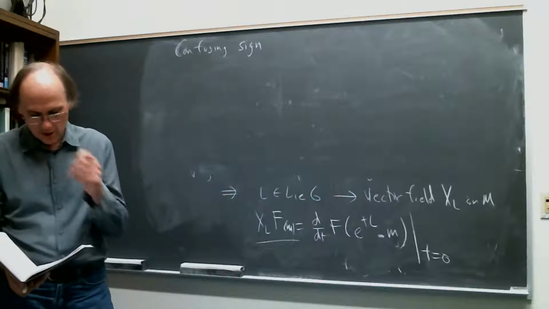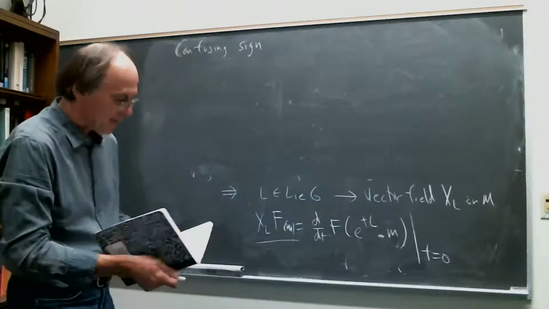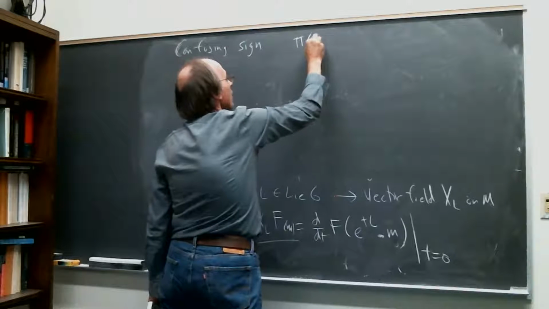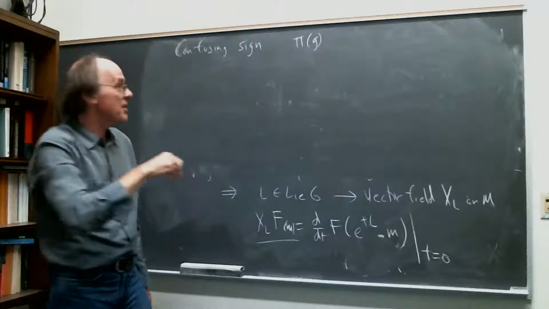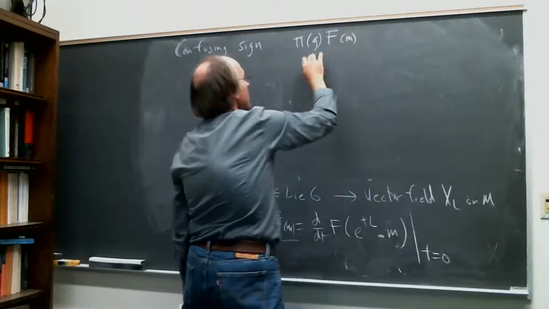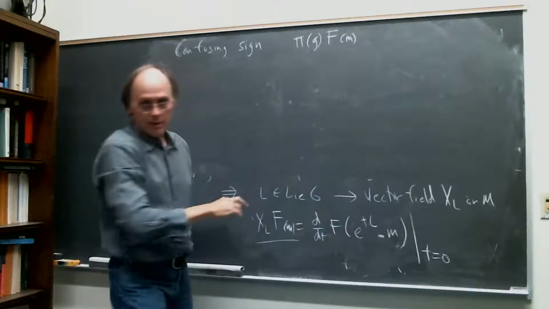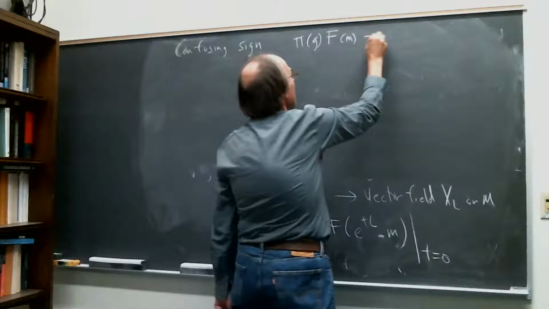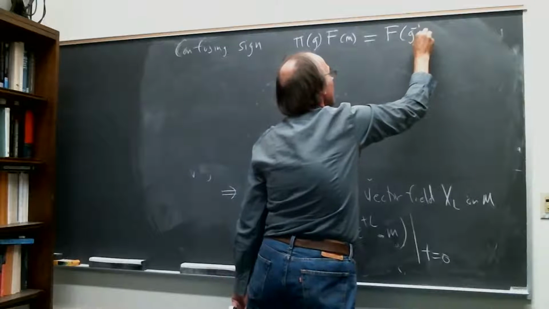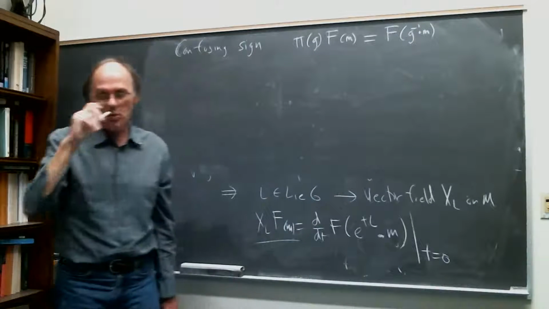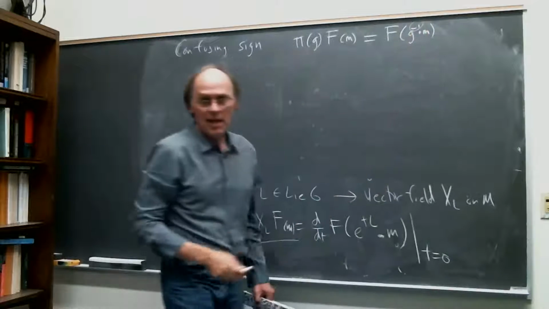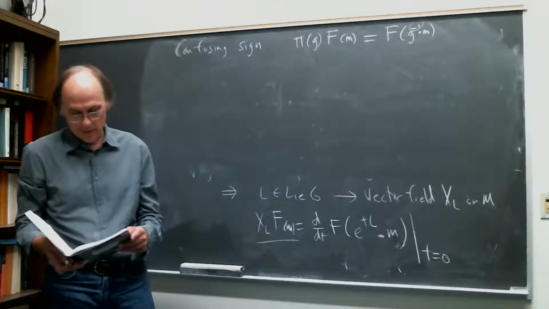But you have to remember that if you have a group representation on functions that's induced from the group acting on the underlying space, there's an inverse here. There's an f of g inverse applied to M. So in order for this to work out when things are non-commutative, you have to have this inverse here. And that inverse gives you a minus sign.